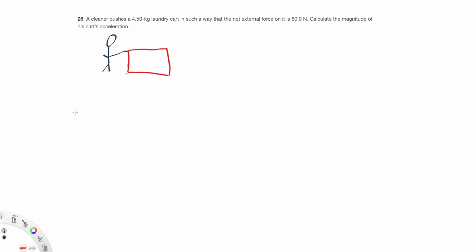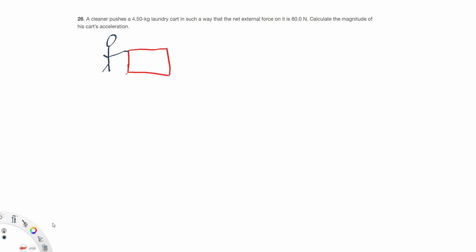When we're dealing with forces, we want to modify a little bit the way that we have been drawing pictures. Because now we want to draw the picture in such a way that all of the forces on the object in question are specified. So we have this laundry cart. We have a dude pushing it.